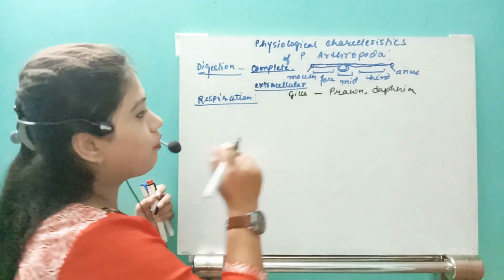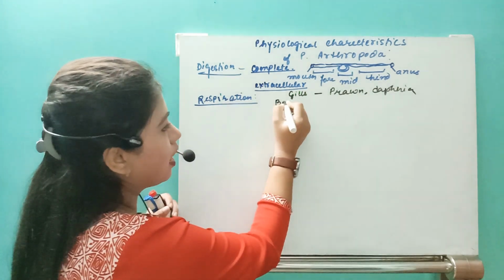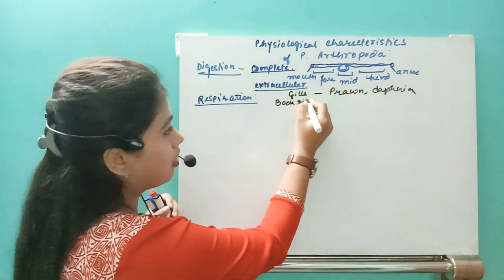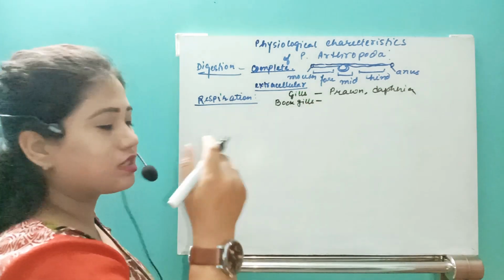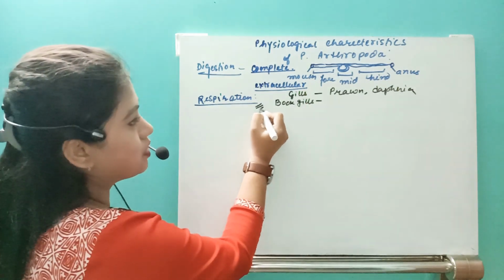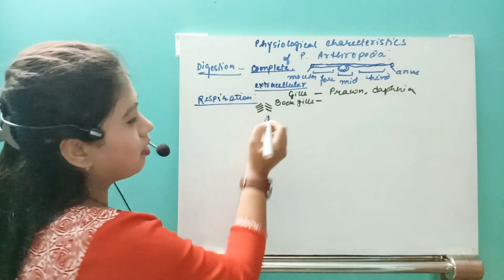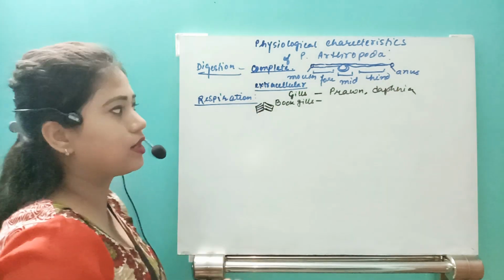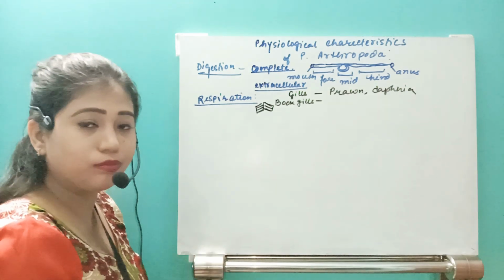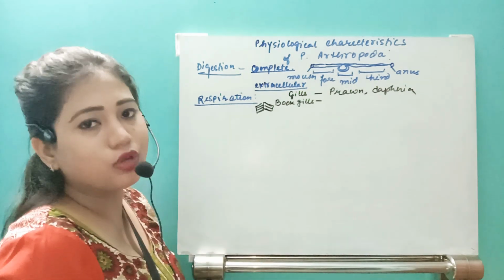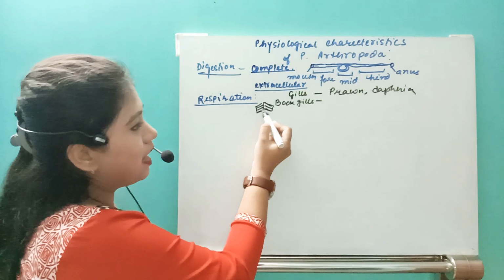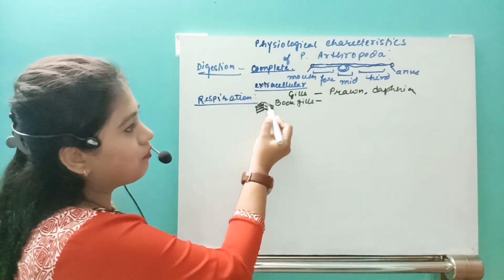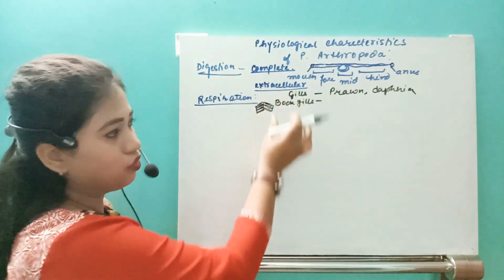Okay, in one group of animals, they are going to have book gills. So what is a book gill? That means these gills are present just like an open book format. That's why it looks like an open book, and that's why it's known as book gill. Otherwise, these gill lamellae are present parallelly one after another in two rows.